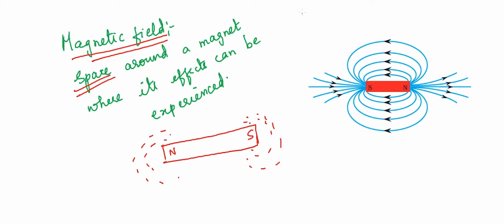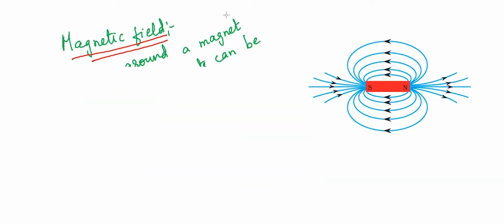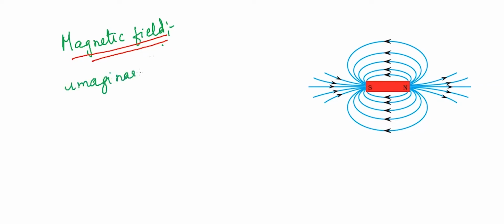So what are magnetic field lines? Let us see. Magnetic field lines are basically imaginary lines around a magnet.